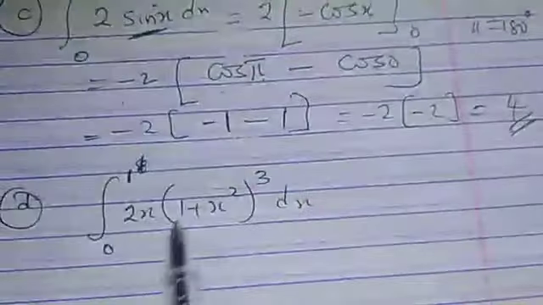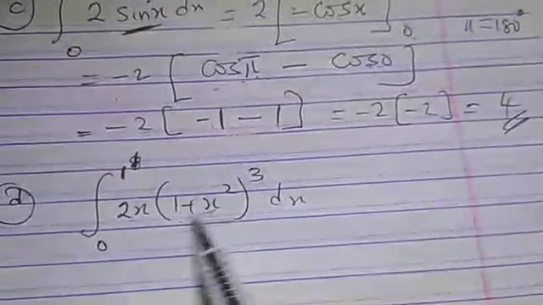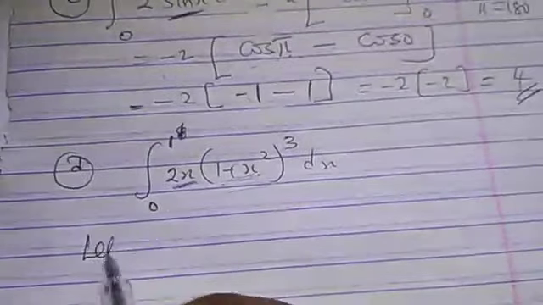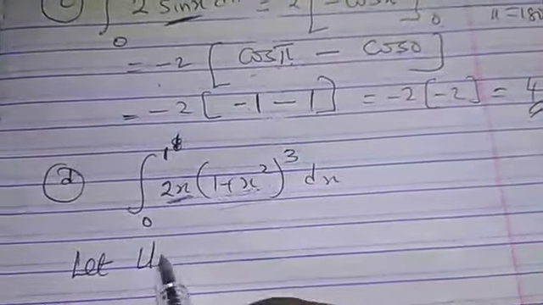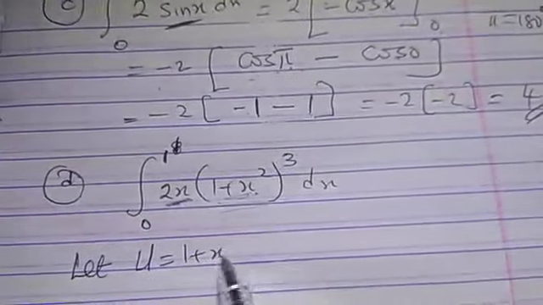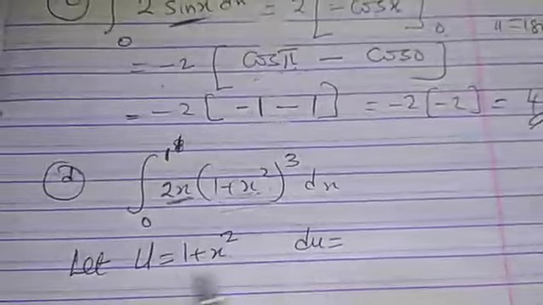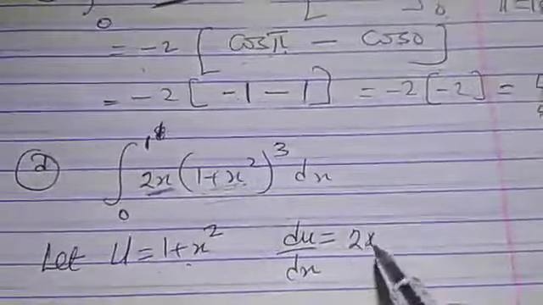All these integrals we have done before. We observe that if you differentiate this one, we will get this one. In that case, we use integration by substitution by saying let u be 1 plus s squared. When we differentiate, du dx will be 2x.